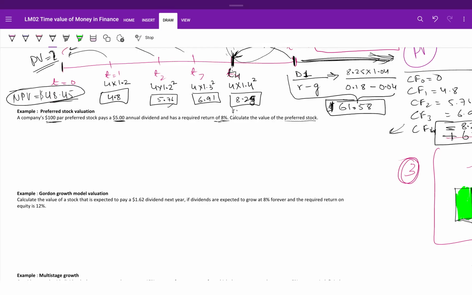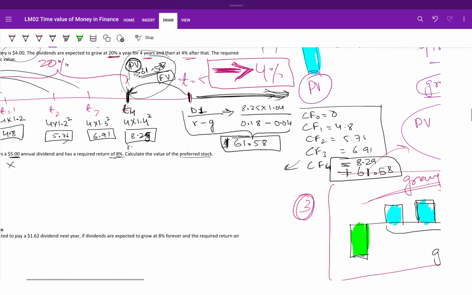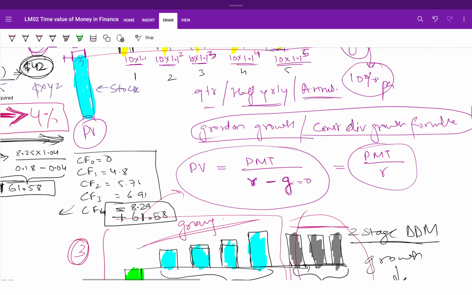In preferred stock valuation, there is no growth rate mentioned. This means we are not going to apply the Gordon growth formula, nor the changing dividend growth rate formula, because there is no growth rate. So this is actually a simple question.